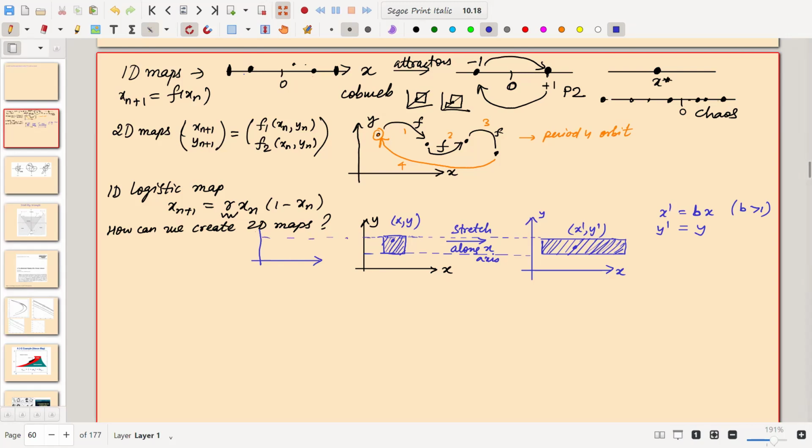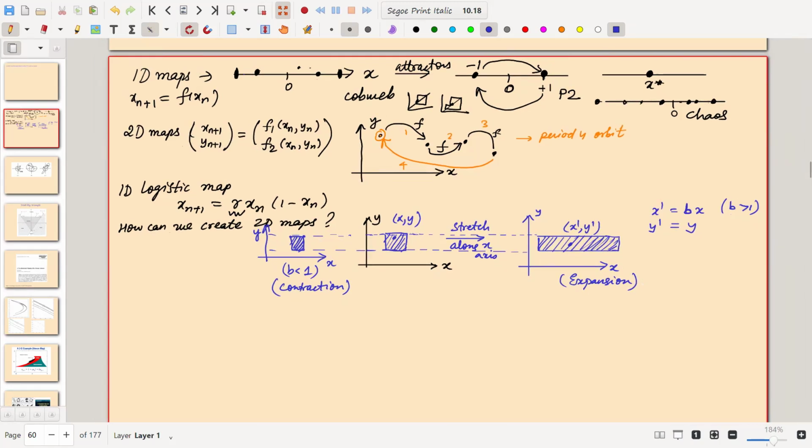If it is contracting, you can have something like this, where this is x and this is y. Fine. So here contraction has happened, and here expansion has happened.